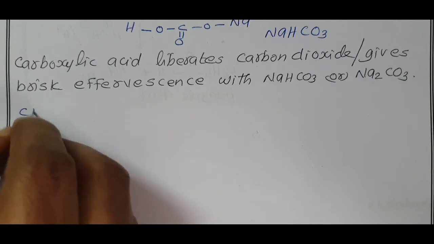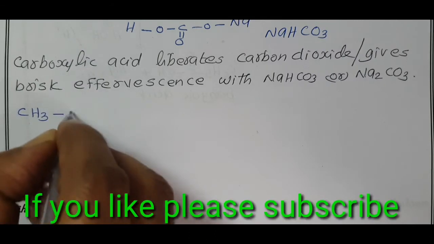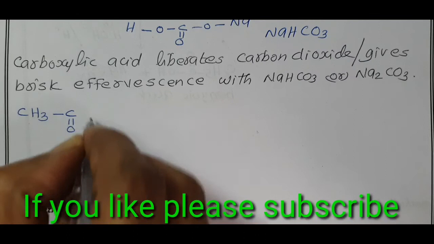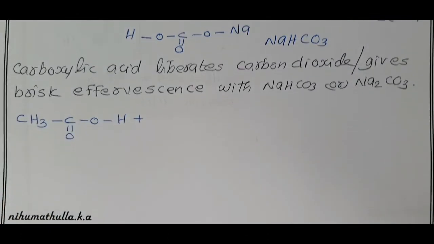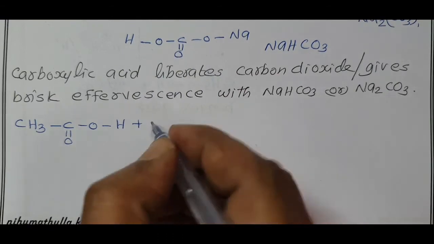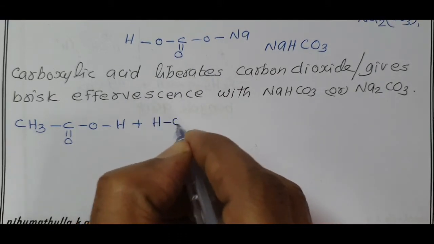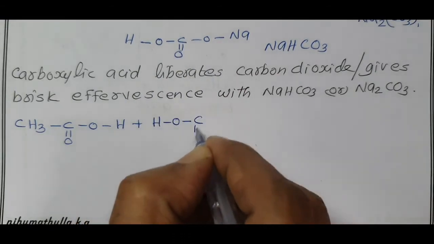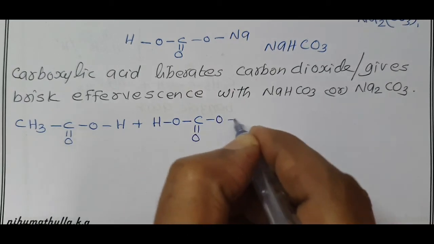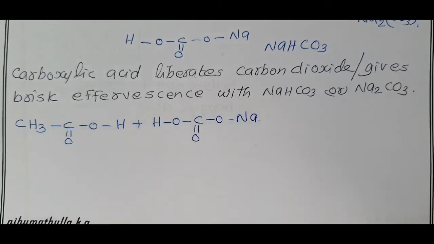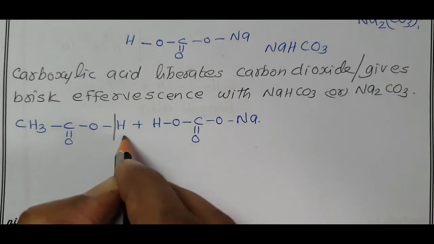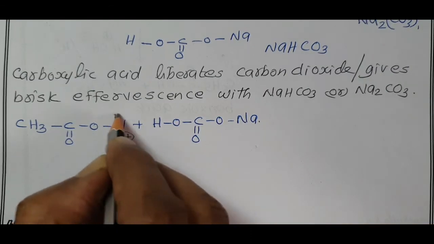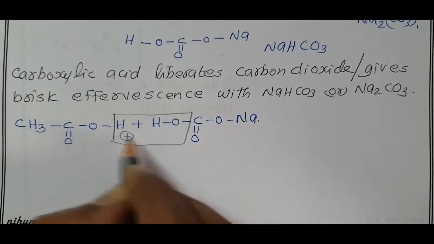Acetic acid CH3C=OOH when treated with sodium bicarbonate HOC=OONa. One H plus and OH minus removed as H2O, H plus OH minus.